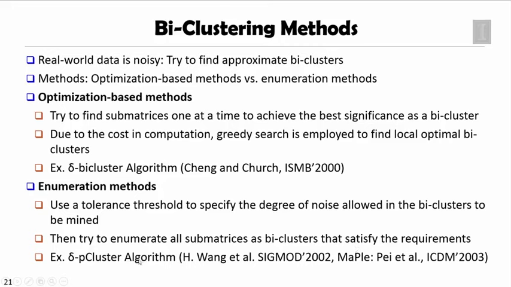This is like pattern analysis. One algorithm called the delta-pCluster algorithm was developed by Haixun Wang's group, published in the 2002 SIGMOD conference. Their further refinement called MaPle was published by Jian Pei and others in the ICDM conference.